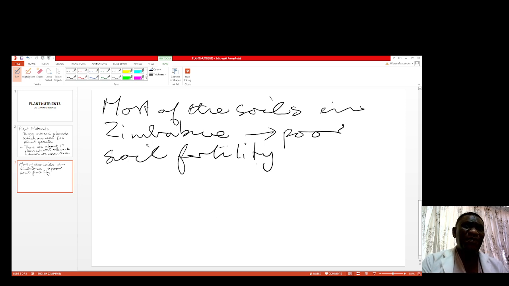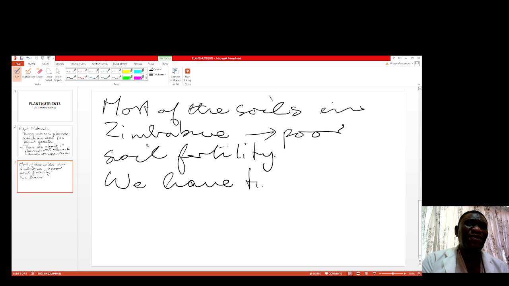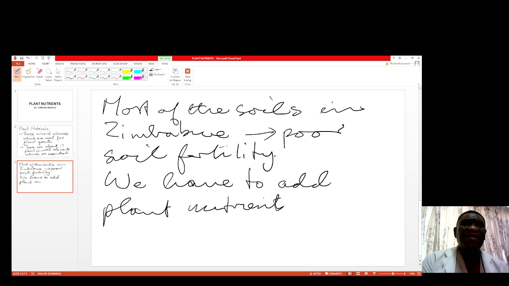So we have to supplement, we have to add plant nutrients to our soils. Usually using inorganic fertilizers.